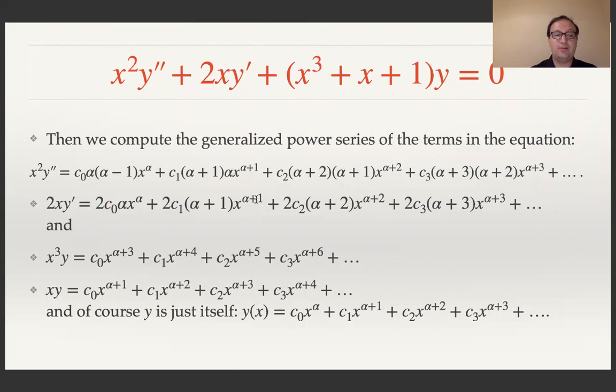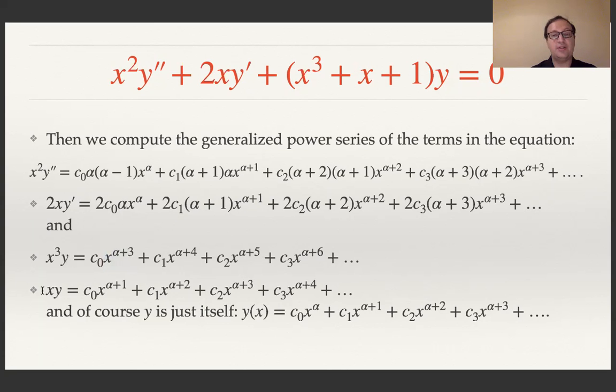What about the other two terms? The power series of x cubed y: we take the power series of y and multiply every power by x cubed. So instead of x to the alpha, we'll have x to the alpha plus 3. Instead of x to the alpha plus 1, we'll have x to the alpha plus 4, and so on. And xy is almost the same thing.